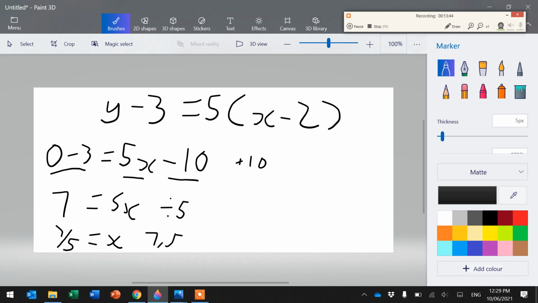We'll delete that and make it a lot neater. An x value of 7 on 5 and a y value of 0, and that's for our x-intercept.